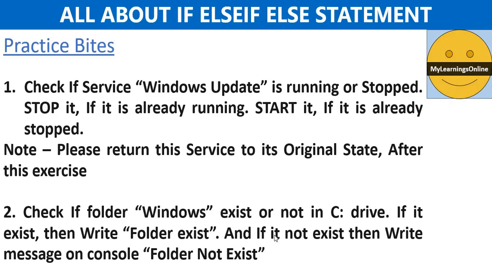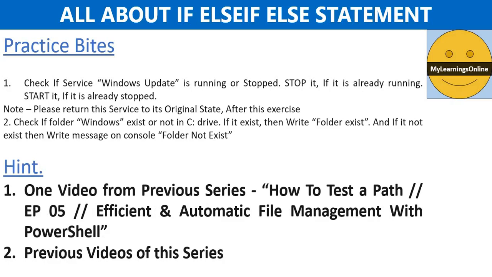If it exists, then write folder exists, and if it doesn't exist, then write a message on console folder does not exist, right? So hint for this lab is you can refer the video from my previous series, and you can refer the previous videos of this series.